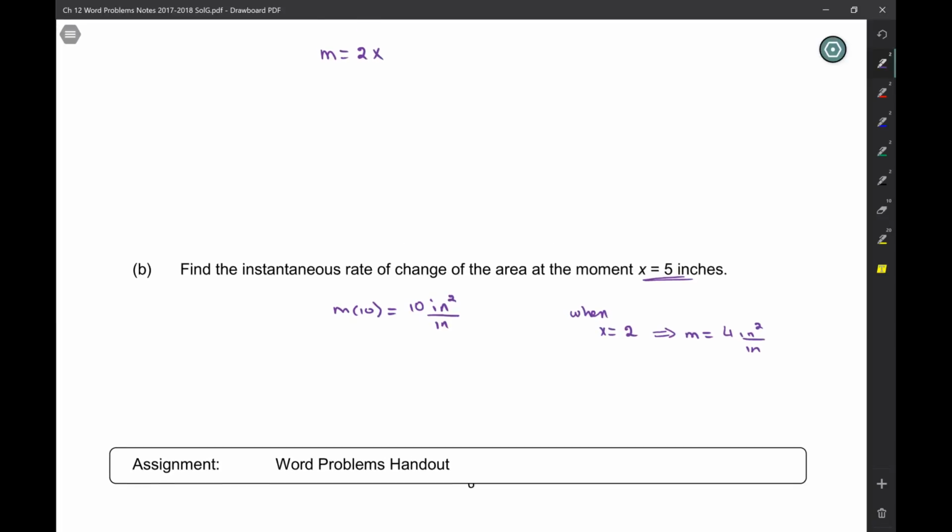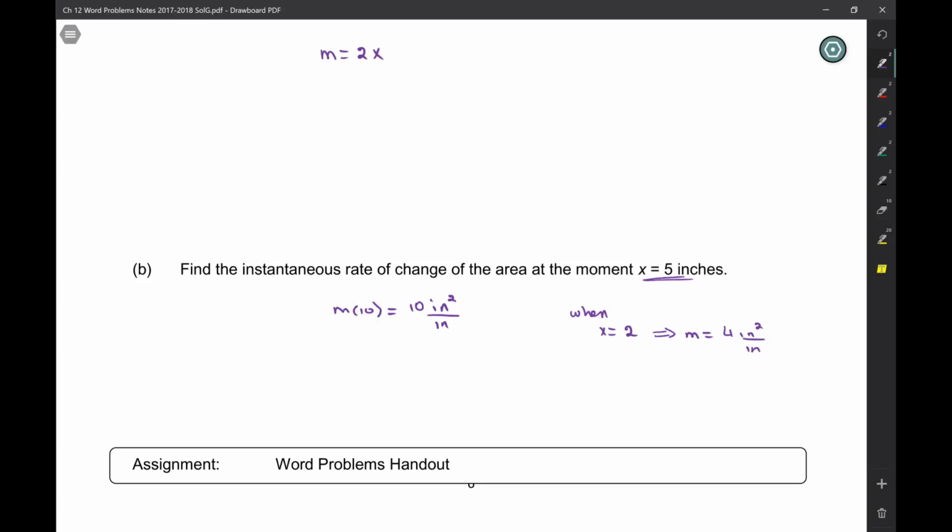Okay. If it was x squared. It just is instantaneous. Okay. When x is equal to 5, its rate is, it's increasing at a rate of 10.